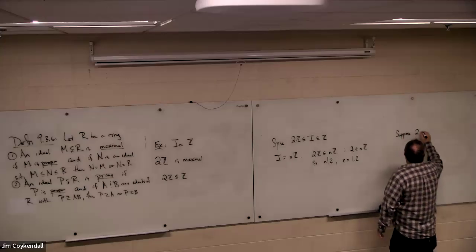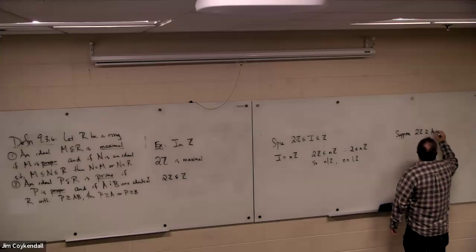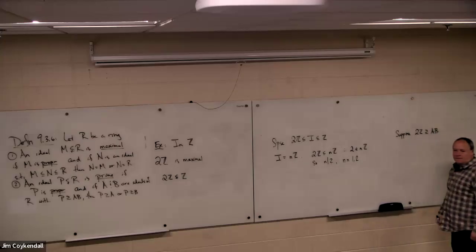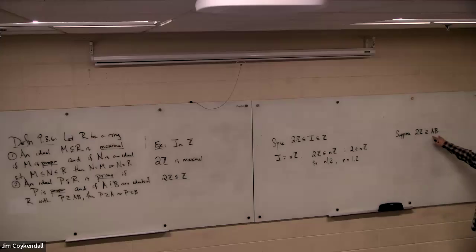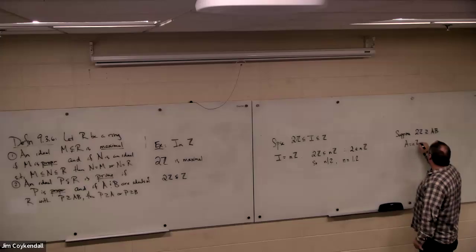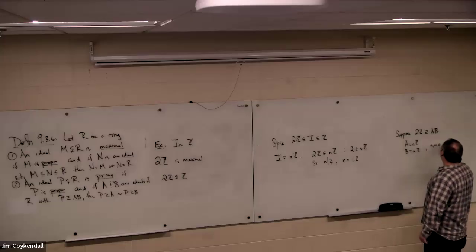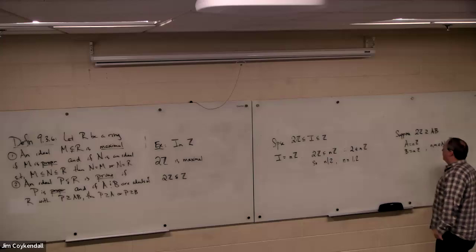Suppose I'm going to simplify this a little bit because I know that A is equal to nZ and B is equal to mZ, where n and m are in the natural numbers.